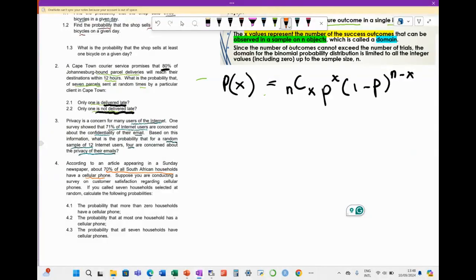If you called 7 households selected at random, calculate the following probabilities. 7 households, so that's our sample size. So number one, the probability more than 0 households have a cellular phone.